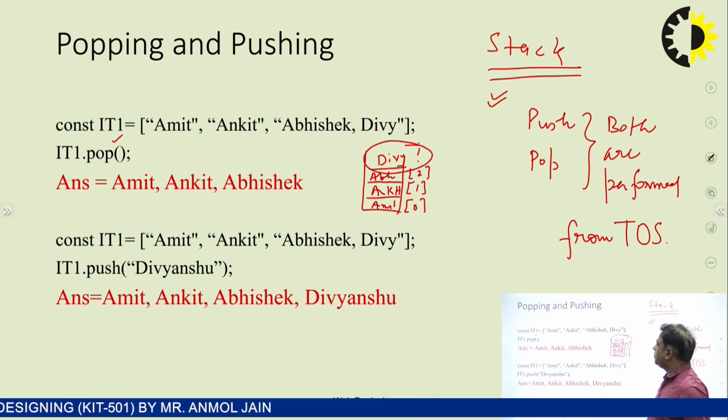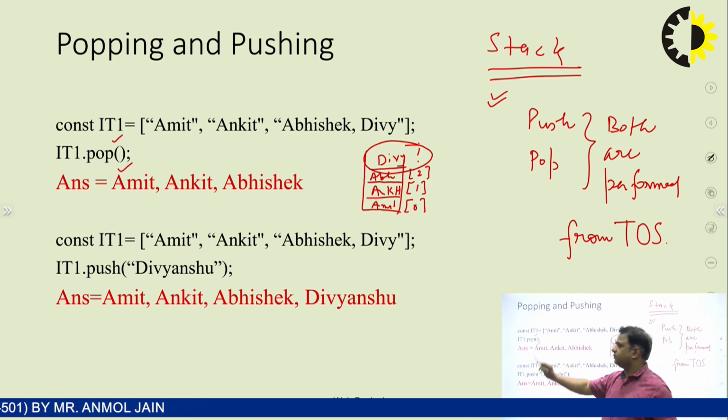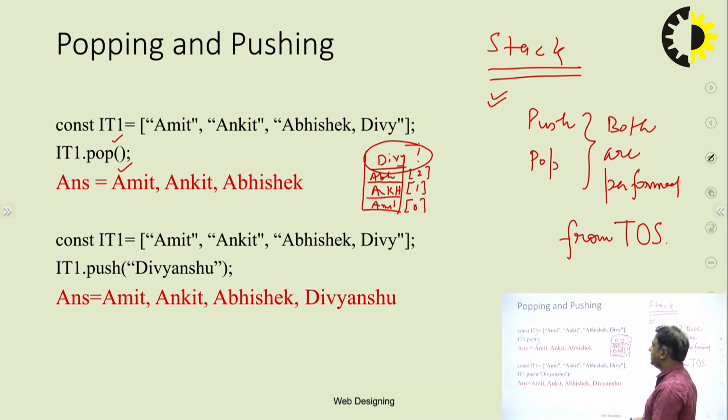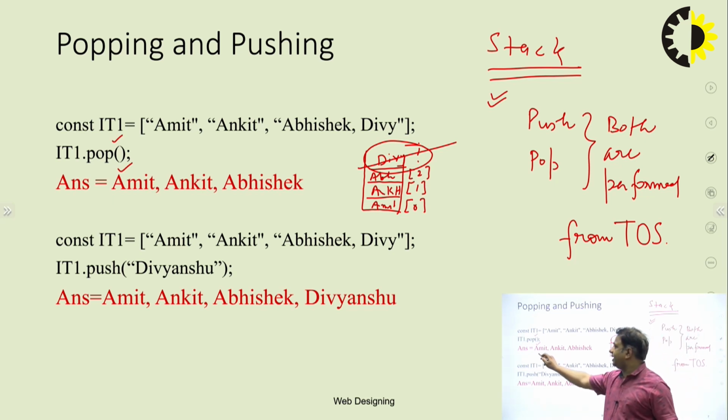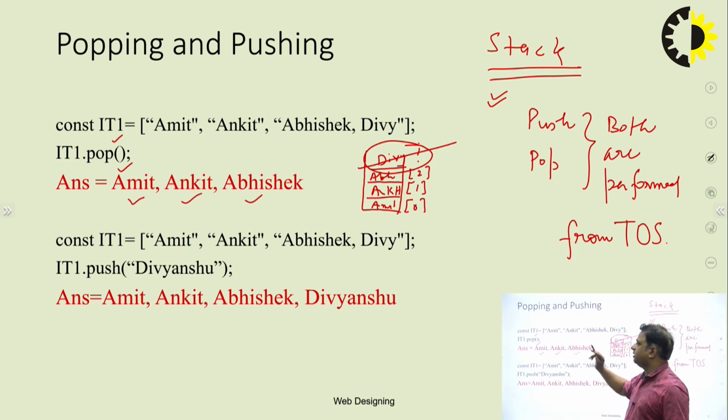So suppose I want to pop: it1.pop. There is no need to mention the position of an element because by default it is the top of the stack. So it1.pop, and this will be popped now. It will return an array with Amit, Ankit, and Abhishek only, because Div has been popped, right?